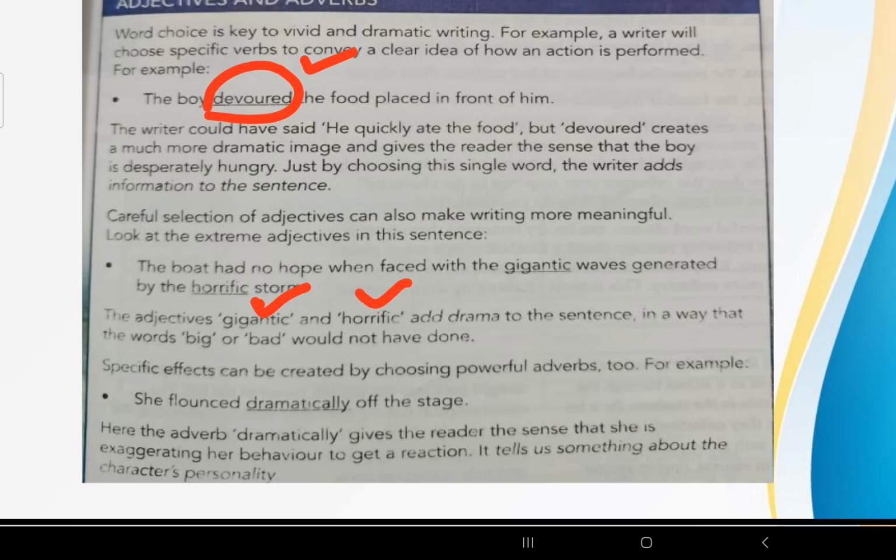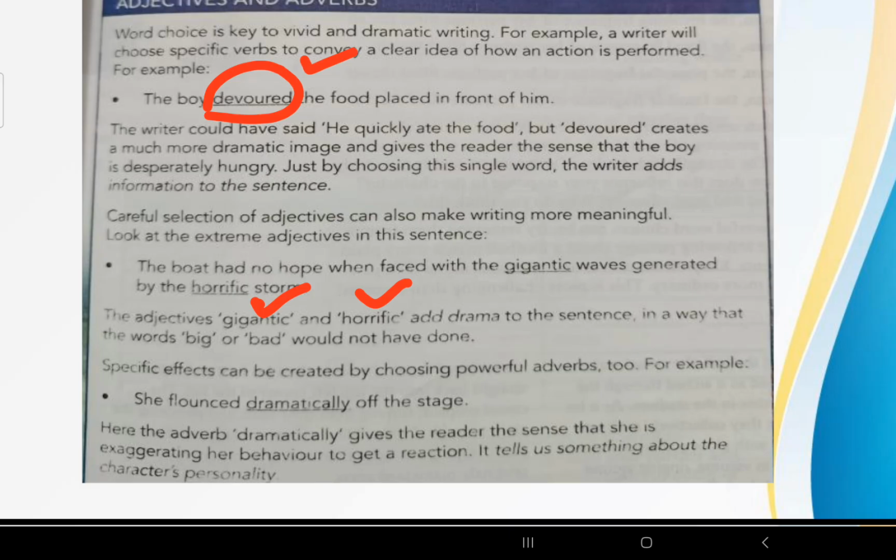If you simply say the boat had no hope when faced with big waves, then "big" cannot convey the kind of meaning the word "gigantic" is conveying. So this is the use of words that definitely changes the meaning, and it influences the readers in a very different way.